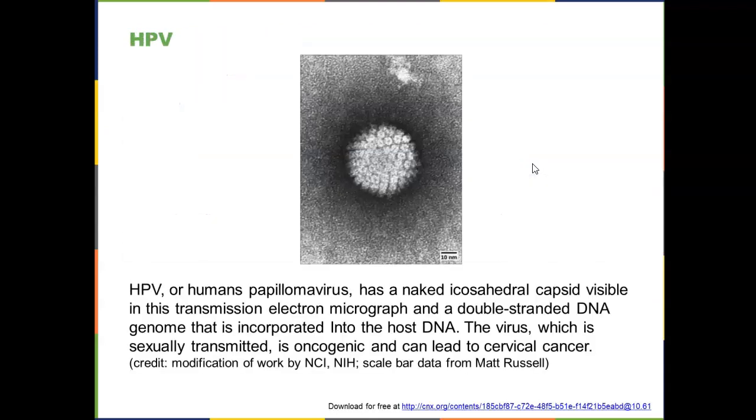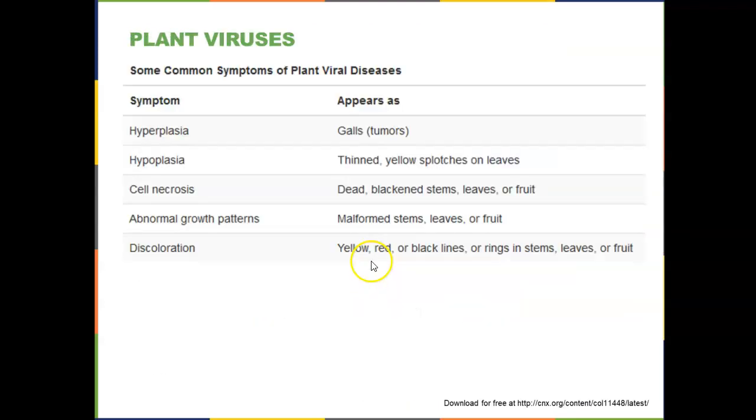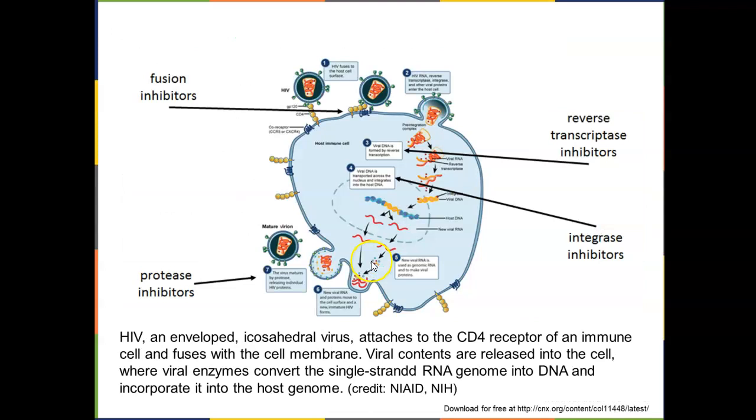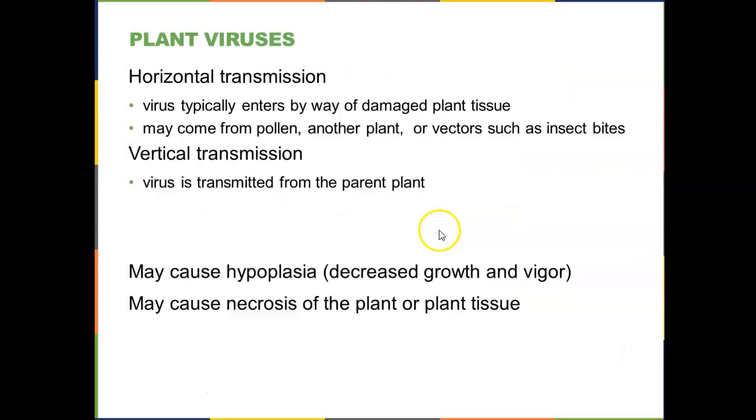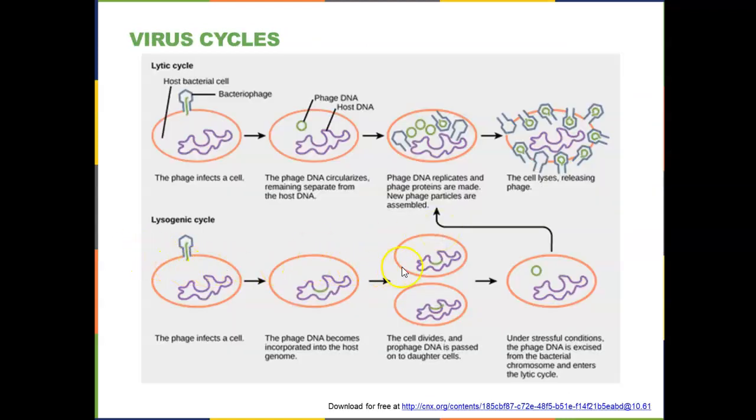When we were talking about shingles, chickenpox, herpes viruses, and even HIV, all of these are viruses that are included in the genome of the host cell. So that's that lysogenic cycle, where they're cryptic.